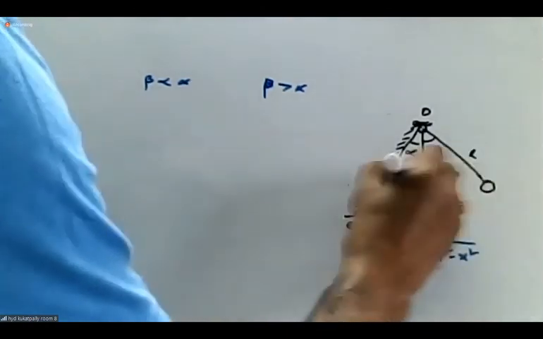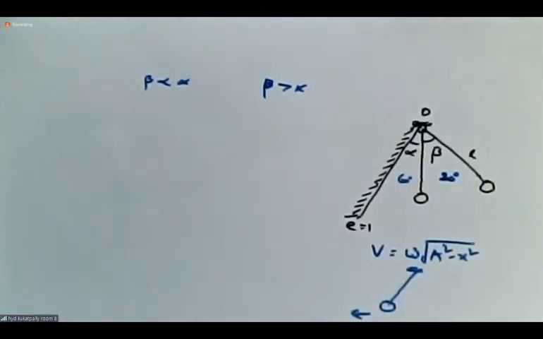For example, beta is 30 degrees, alpha is 60 degrees. Then definitely it will not hit the wall. Before hitting the wall, it will complete the oscillation, so the time period will not get affected. It is 2 pi into root L by g. No change.